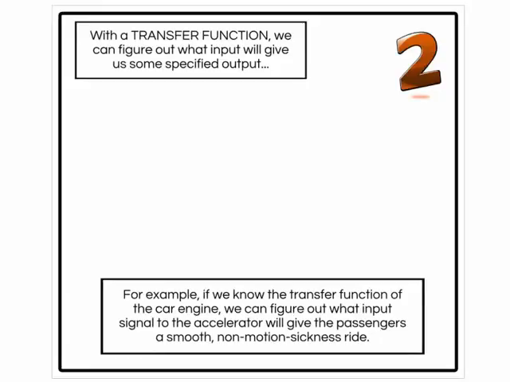The second useful thing that we can do with a transfer function would be to figure out what kind of input will give us some specified output that we want to achieve.